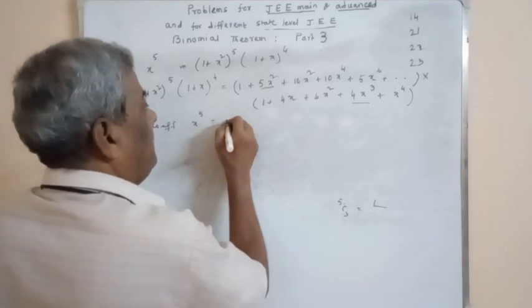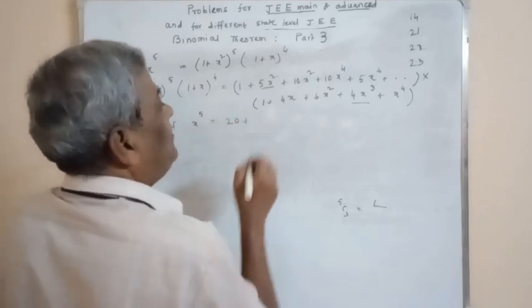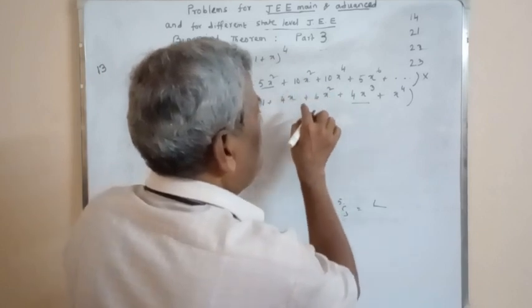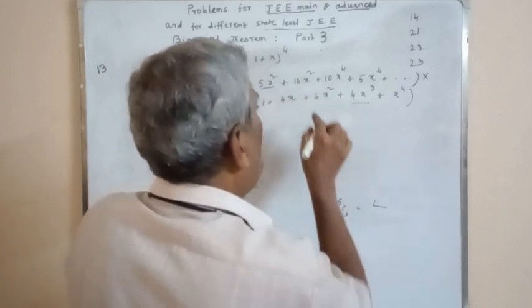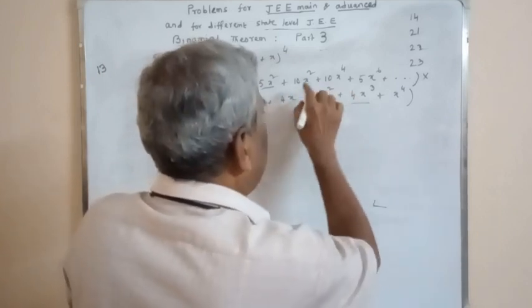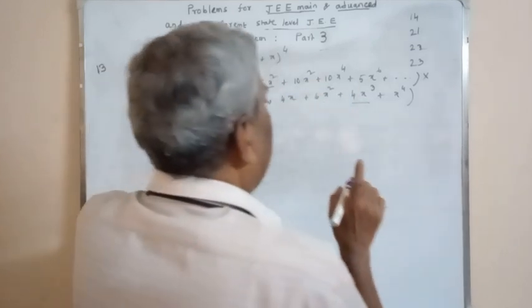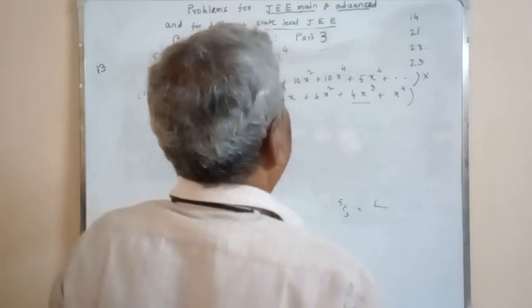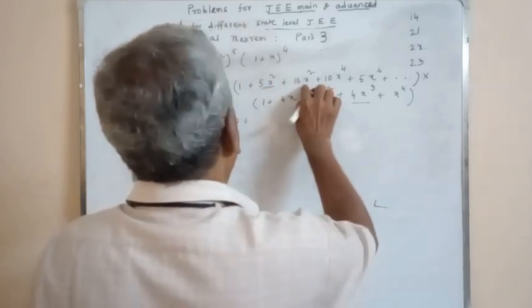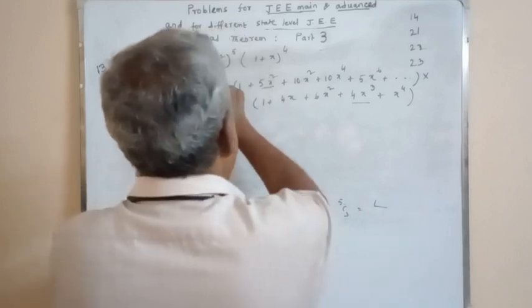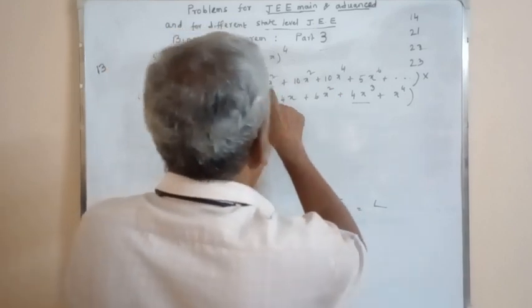When I multiply this with that, x to the power 5 will be obtained. It is 20, plus this with x cube. Oh, sorry, it is x square and x square, not possible. So actually it is 1 plus x, this is okay.